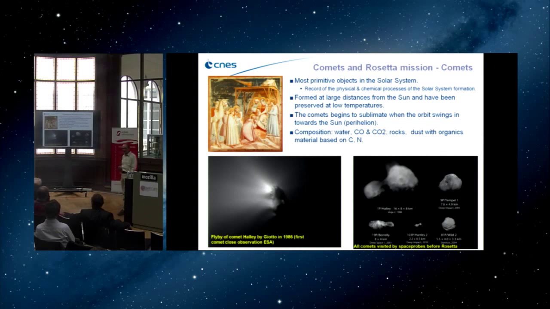It was only a flyby. It means that Giotto did not orbit around the comet, but passed just through it. And at the time, it was possible to take pictures and to put into evidence how it got into the comet. So this was the first European mission to a comet.